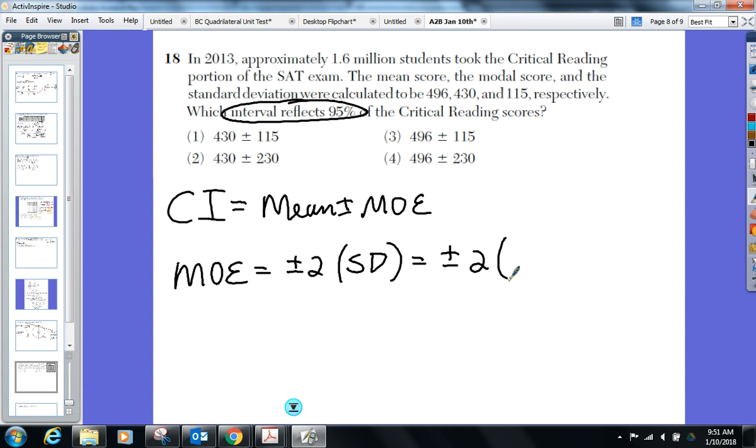What's my standard deviation here? 115. So it ends up being plus or minus 230. Okay. So going back to my confidence interval, what was the mean? 496 plus or minus the margin of error I found, which was 230. There it is.